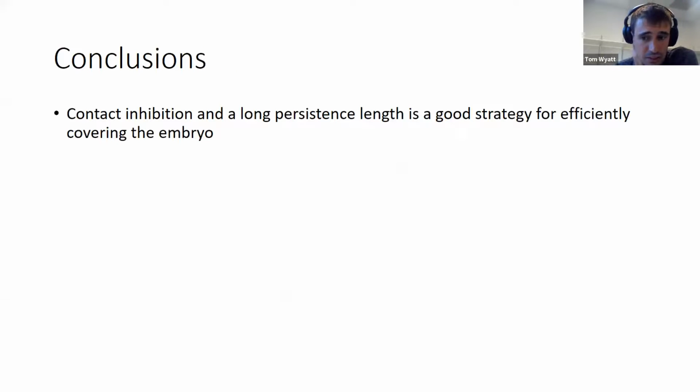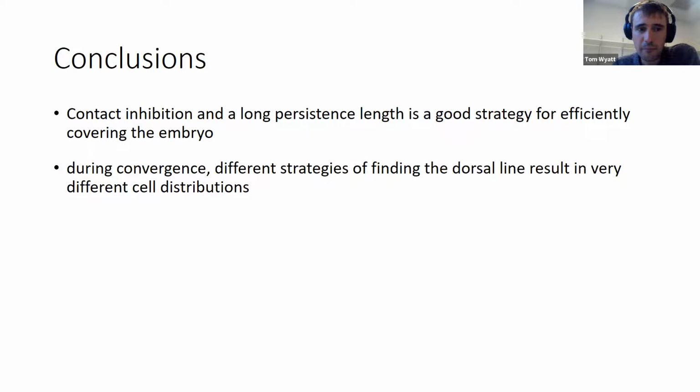So in conclusion, then, we can say we're quite convinced the simulations show that contact inhibition combined with a long persistence length is a good strategy for dispersing cells and covering an embryo. And the modeling has highlighted how these different strategies for finding the dorsal midline will give very different distributions of cells at the dorsal midline after reconvergence.